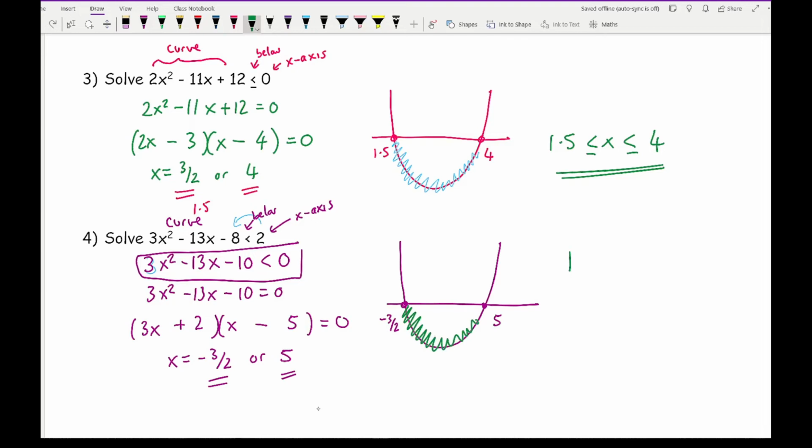And so from this, because I've only shaded in one area, all I've got to do is just put in the missing numbers. In this case, it's going to be minus 1.5 and 5, and there is my final answer. Again, I don't need any lines because there's no lines in the question.